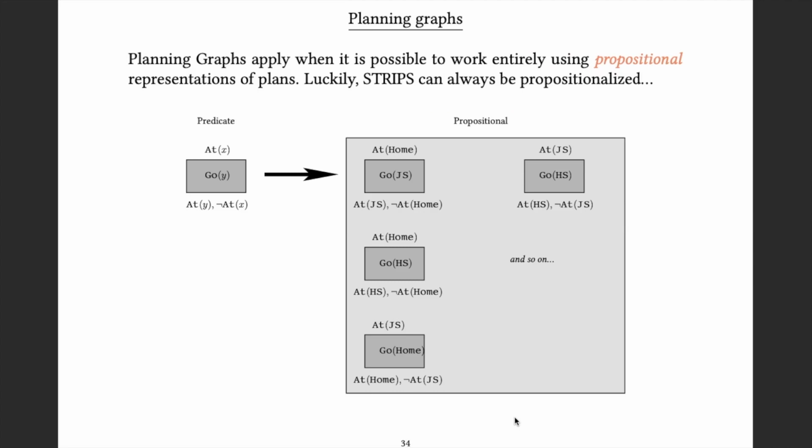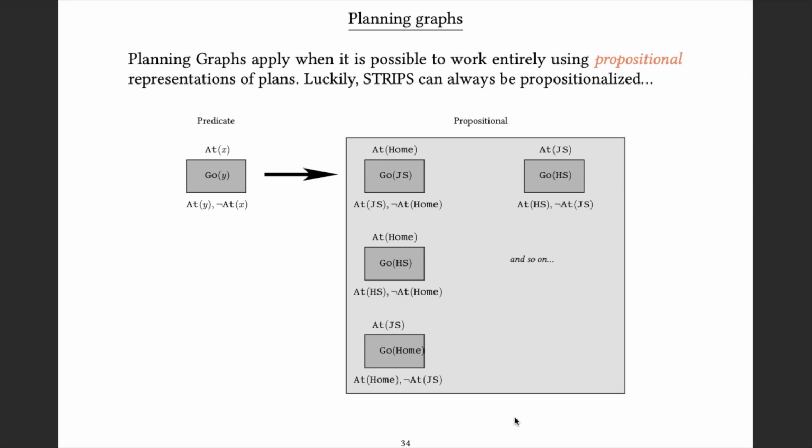Now, all that means in our case is that if we look at the STRIPS language that's being used by the partial order planning algorithm to represent actions and goals, preconditions, and so on, anything that involves variables can be expanded out into a set of propositional equivalents.